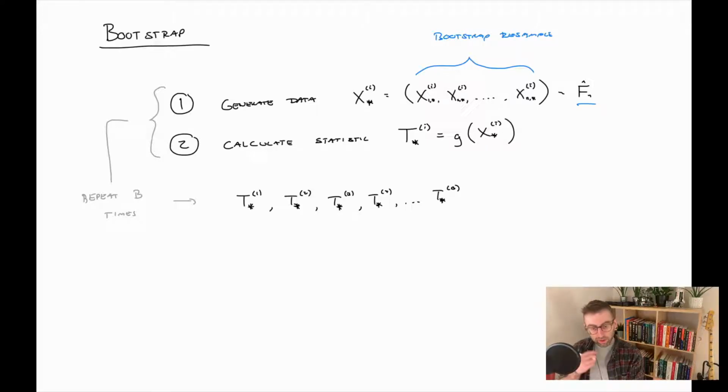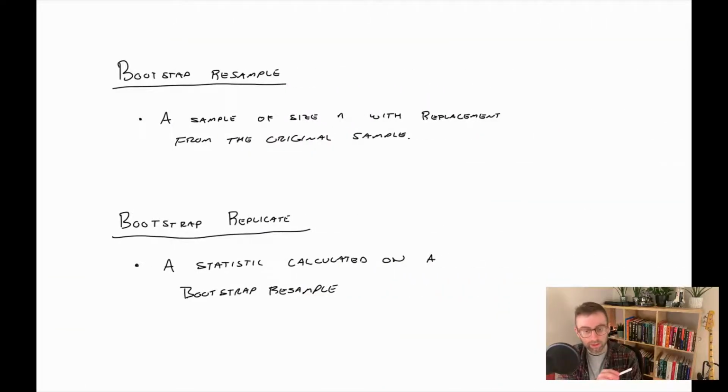Okay, so it's called a bootstrap resampling because while I have introduced this idea as sampling from the empirical distribution, it's actually equivalent to the following: if you take a sample of size n from the original data with replacement, that's the same as sampling from the empirical distribution, say of size n.